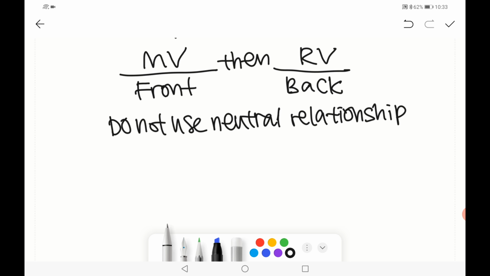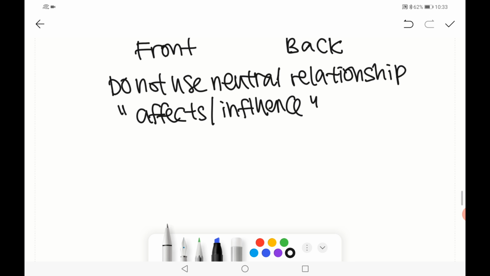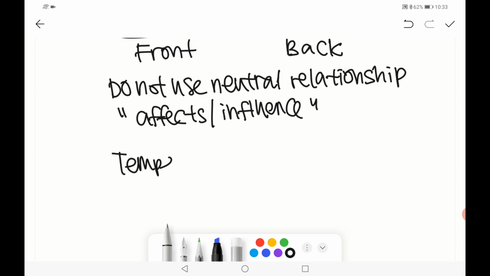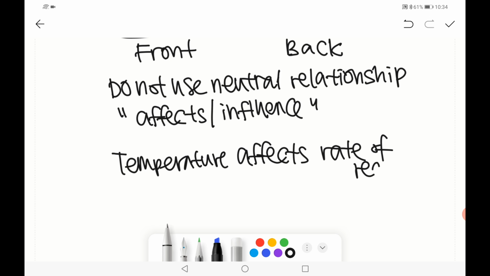You don't use words such as affects or influence. For example, you don't write: temperature affects rate of reaction. Let's say temperature is your manipulated variable and rate of reaction is your responding variable. If you write temperature affects rate of reaction, you are not getting full marks.